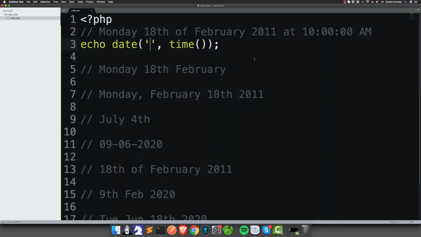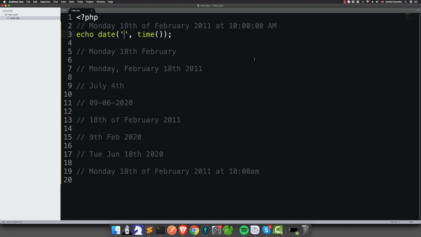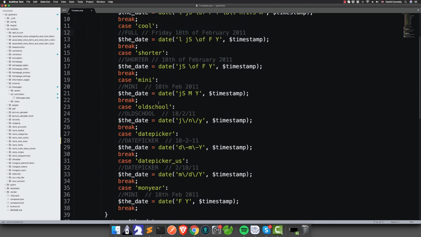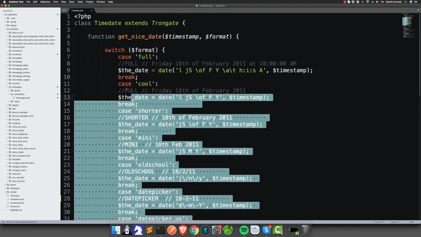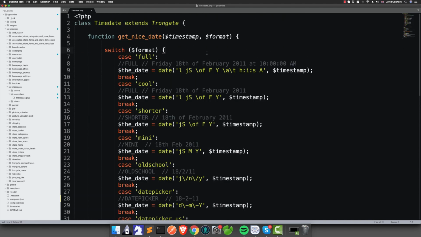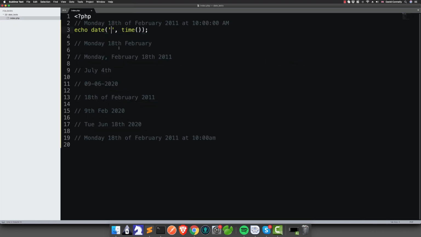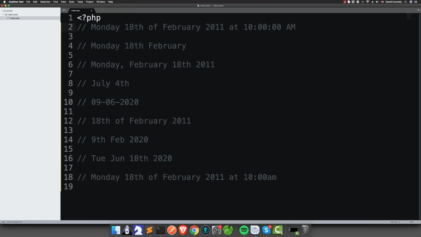Now, most developers deal with that by writing classes of some sort, like maybe something like this. And they'll call upon this whenever they need to use the date or write the date and time in some way. But I think that this is one of these very rare instances whereby dates and times are so important that it's worth memorizing this stuff.